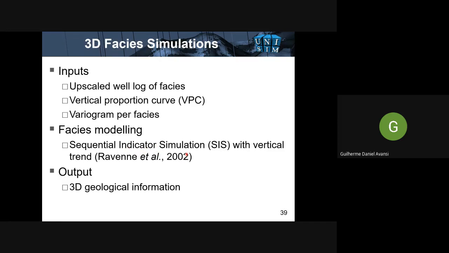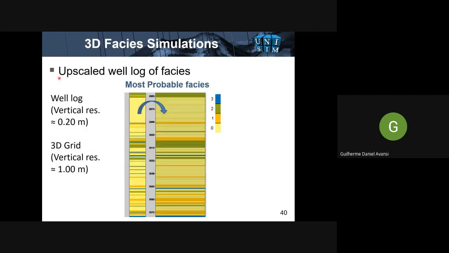We are talking about this algorithm here, used to fill all the information. And we also have the output here, the 3D geological information. So just to remember, for the well log the vertical resolution is about 20 centimeters, and for the 3D grid the vertical resolution is 1 meter.